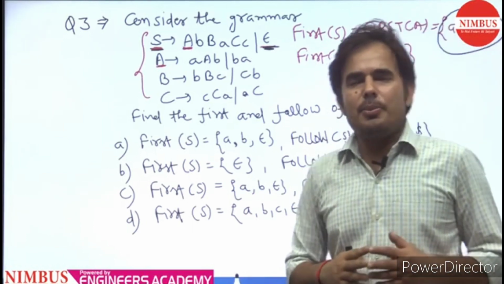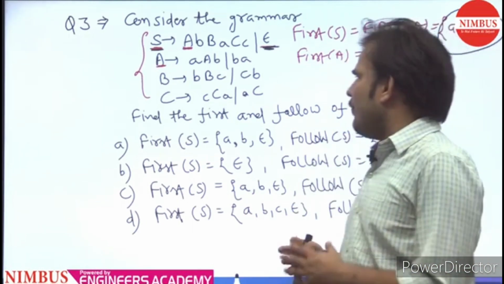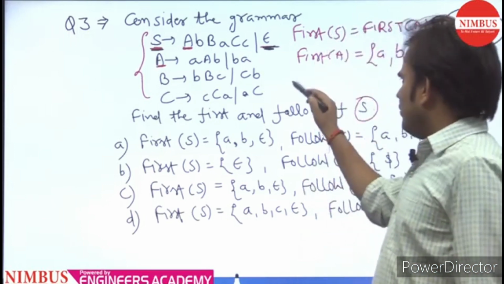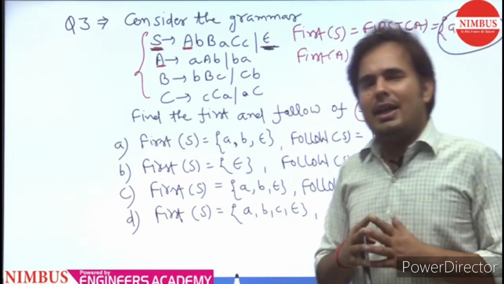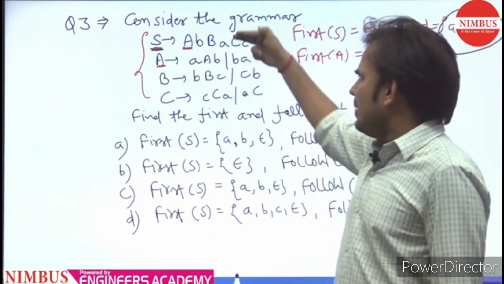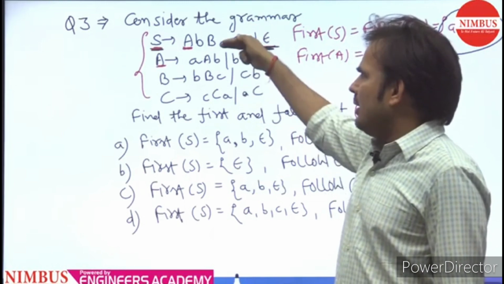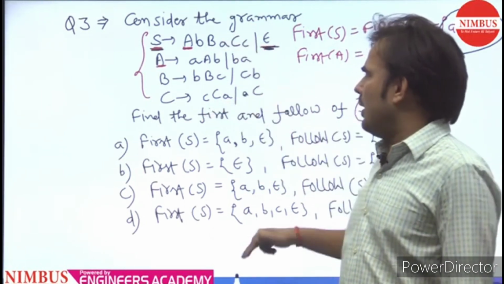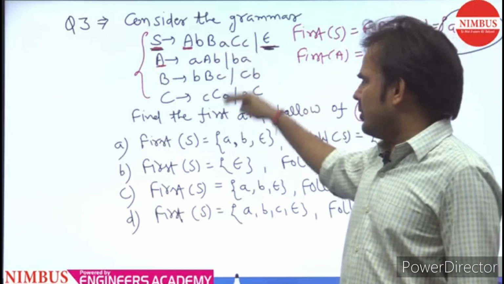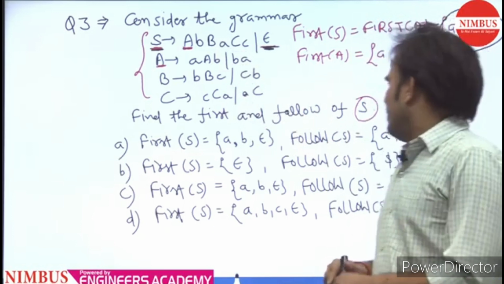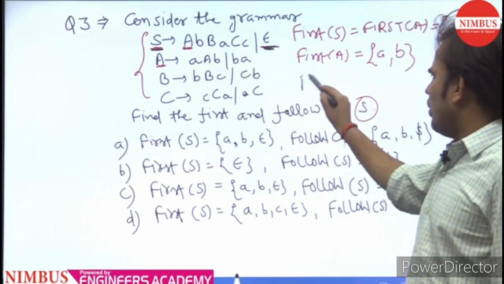Now we have to find out follow of S. To calculate the follow of S, as I told you, first you need to see whether S is present anywhere in the right hand side of a production. Clearly S is not present in the right hand side of any production.